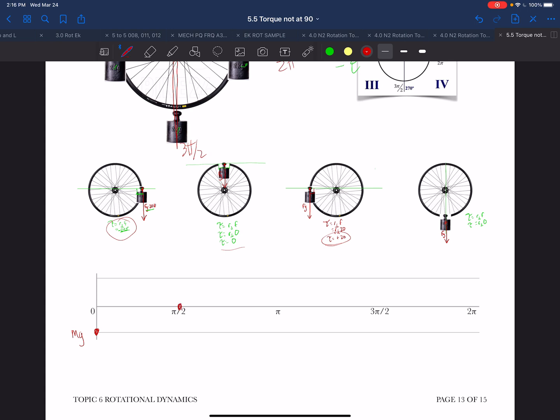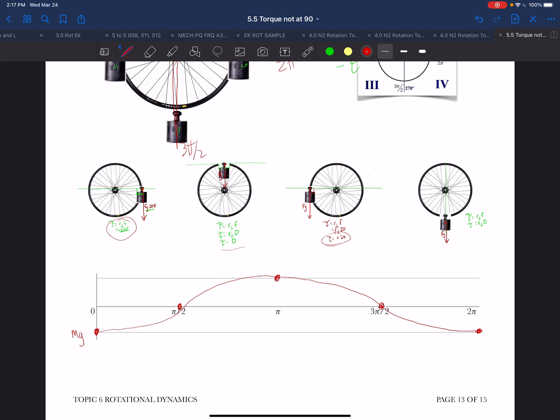At pi, we said it was positive 20. At 3 pi over 2, we again said it was 0. And at 2 pi, we're back to the beginning, which is minus 20. And so that is the curve.